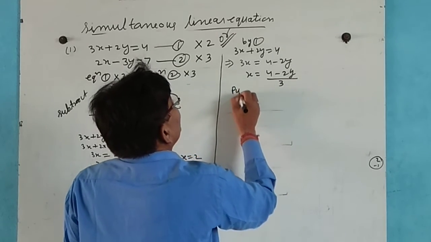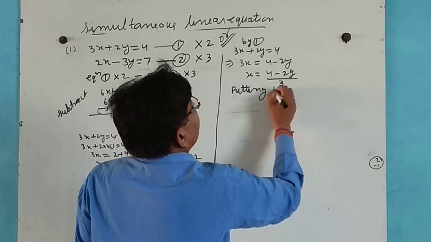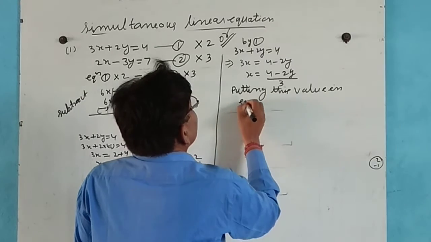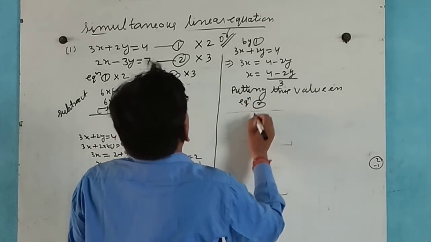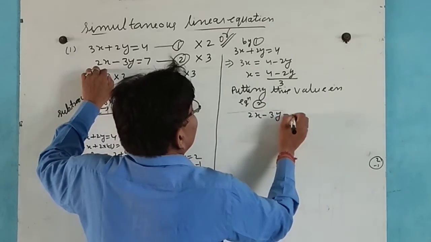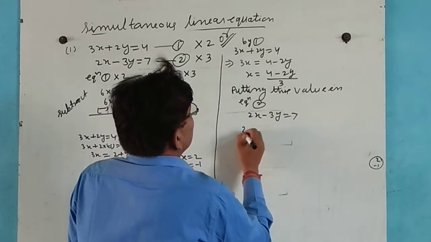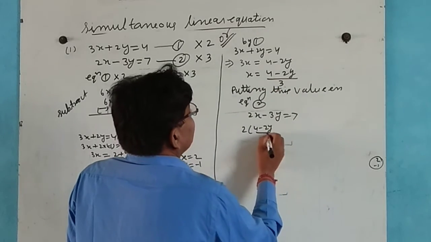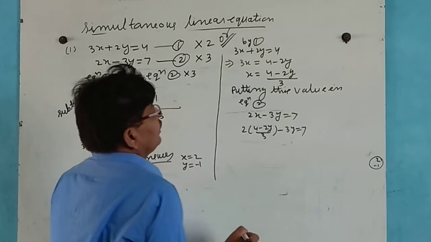Putting this value in equation 2, 2x minus 3y equal to 7. Here, 2 into 4 minus 2y divided by 3 minus 3y equal to 7.